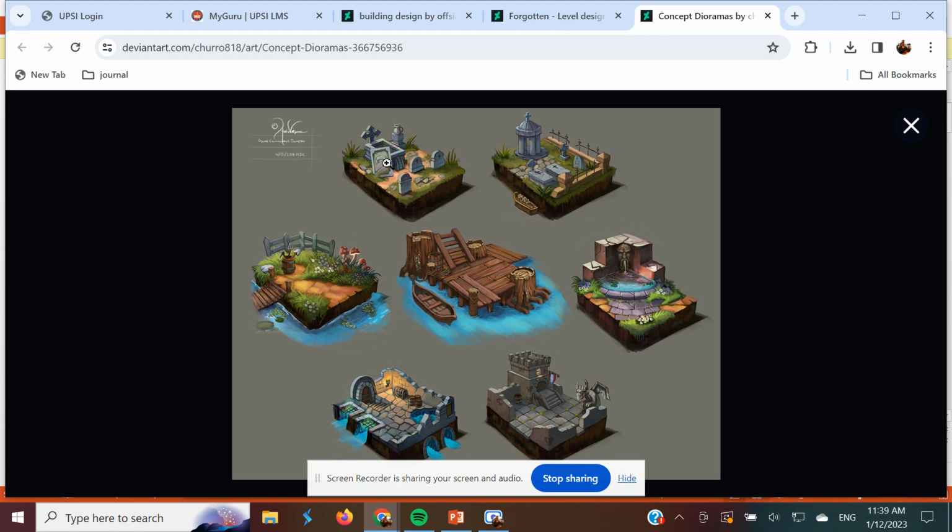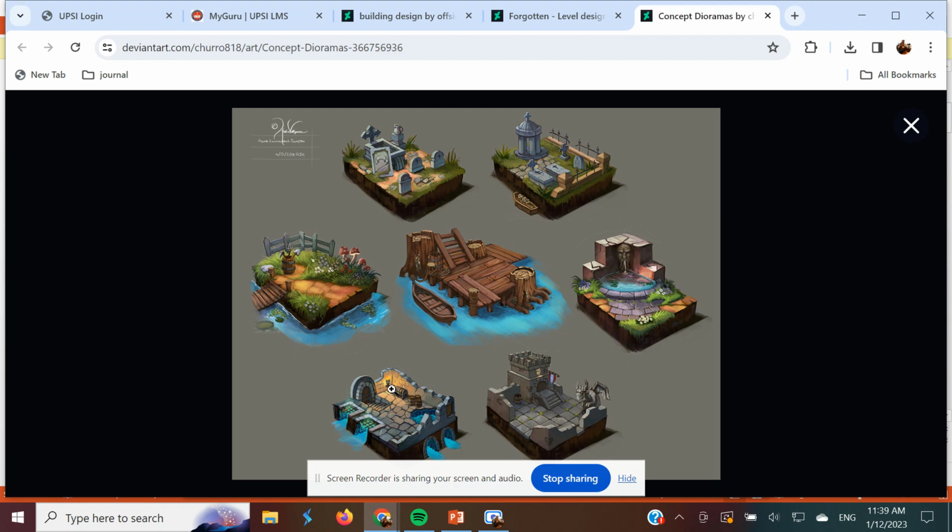Then you have, for example, the magic well. When the people go to the magic well, basically they will be building up their powers. And you have the castle.